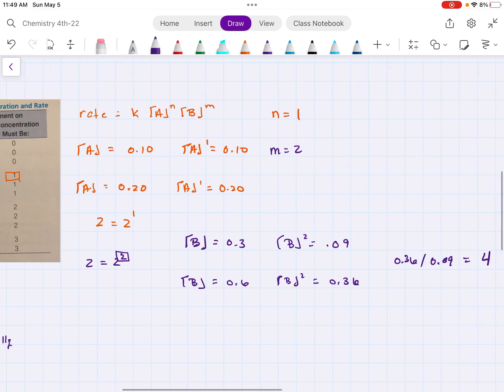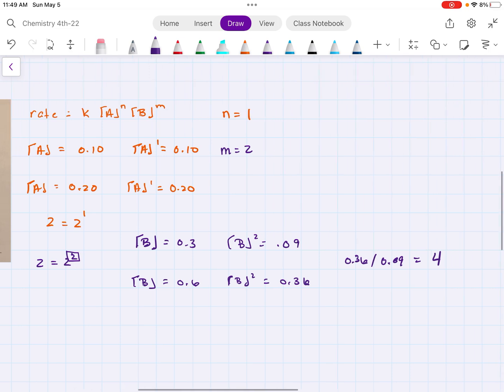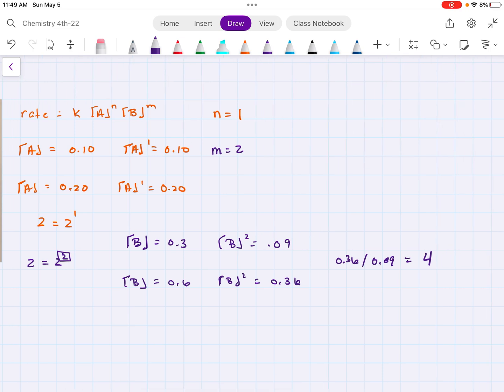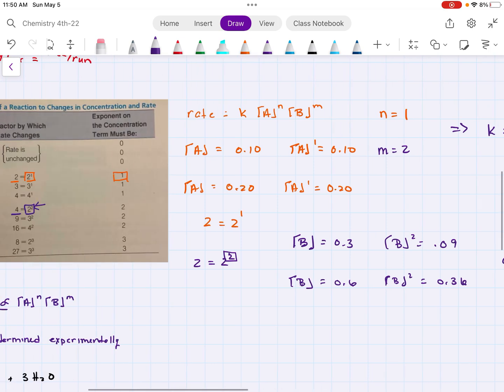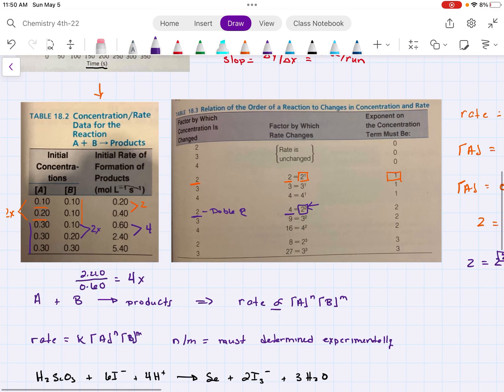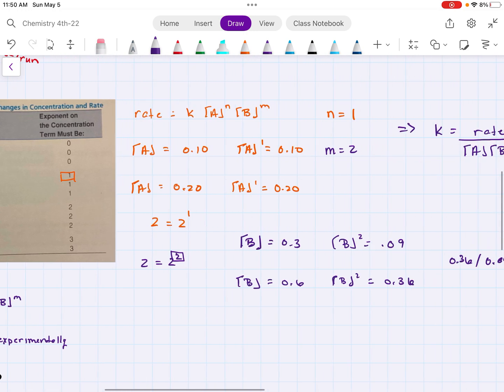So if we were to write this reaction rate, and we're looking for the rate constant, then I'm going to rearrange my formula. So the rate constant is equal to the rate divided by A times molar concentration of B squared, right? Now, let's just go ahead and pick one. Let's pick a rate, and we'll pick this one here, the initial one.